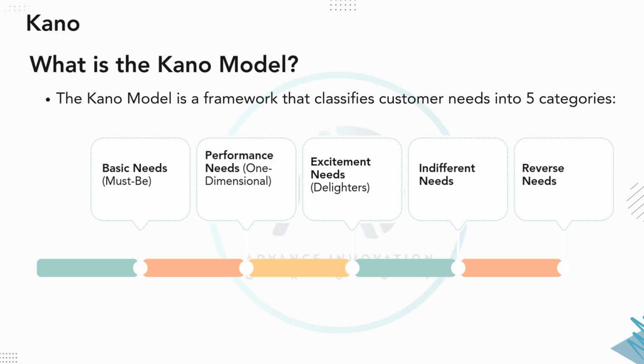Their absence doesn't cause dissatisfaction, but their presence creates delight. Indifferent needs. Features that the customer doesn't care about much. Whether present or absent, they don't impact satisfaction. Reverse needs. Features that some customers may like, but others might dislike. It's important to understand the target segment here.